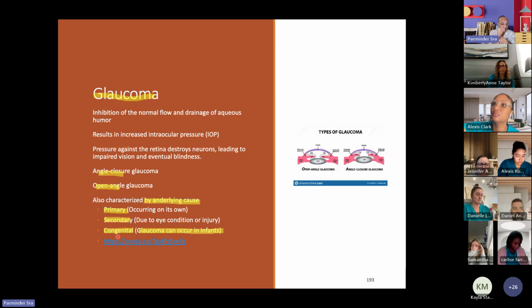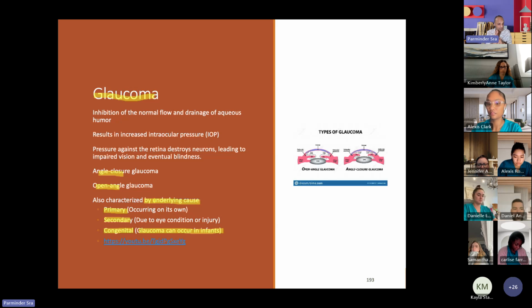In some patients, glaucoma can occur even at a normal pressure. Let's open up glaucoma. Keep the congenital on the side because we know clearly that's when it's in infants. Now, in normal adults, it's either open angle or closed angle.